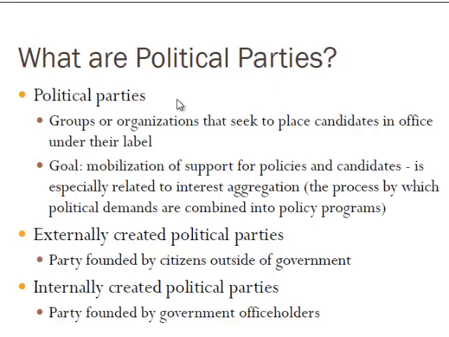So political parties, really what they are is groups or organizations that seek to put candidates in office under their label. Republican, Democrat, Independent, Conservative, whatever. The goal of the political parties is to mobilize, which means to gather, support for policies and candidates, especially related to interest aggregation.